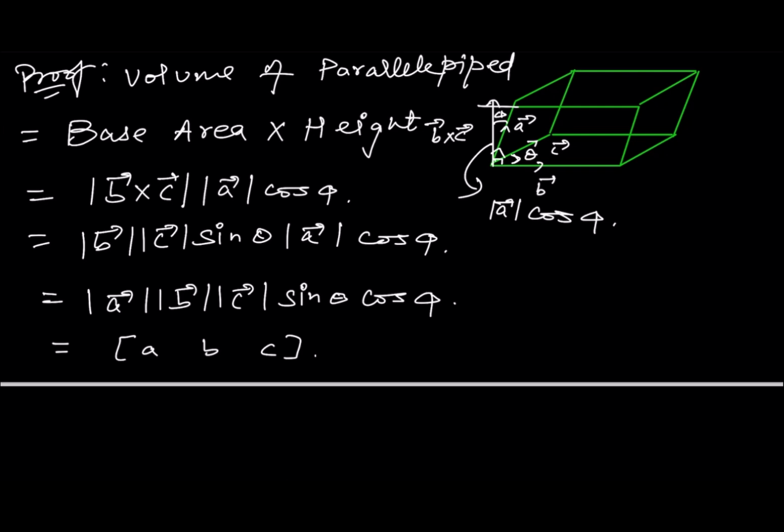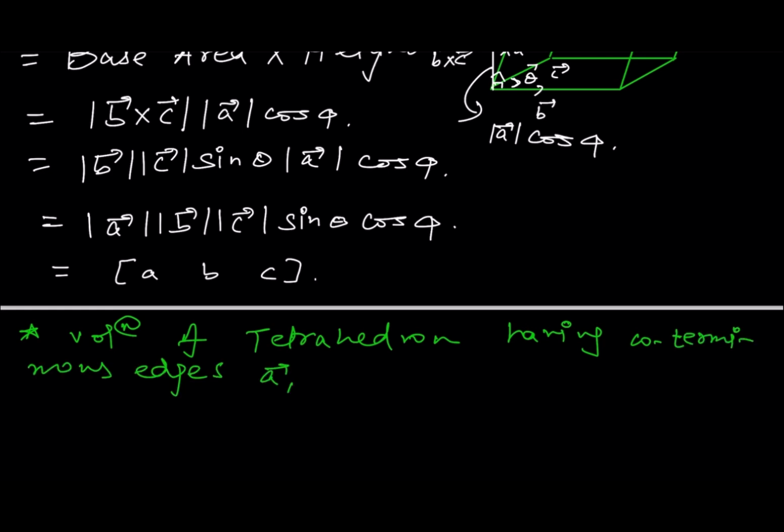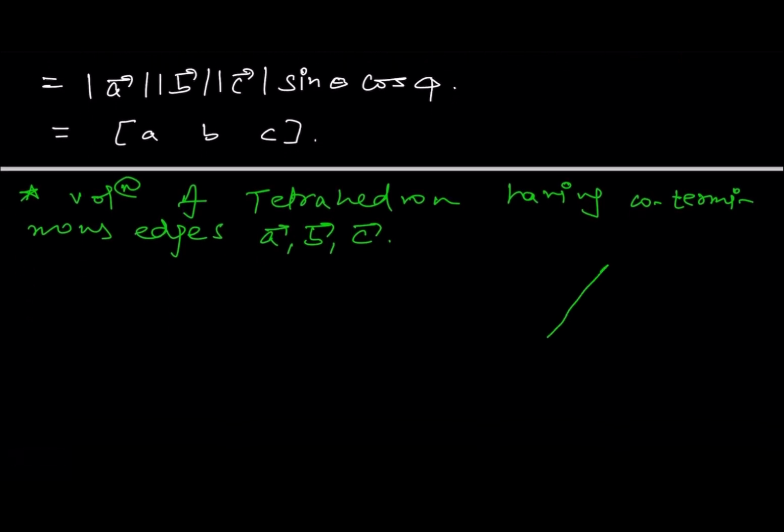Now with this I have to find the volume of a tetrahedron having coterminous edges vector A, vector B, vector C. Okay, let us draw the figure first.